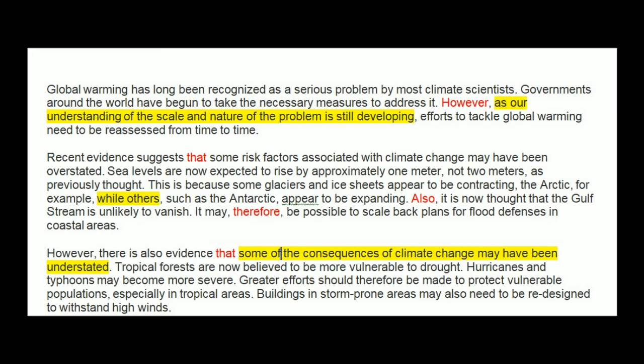As we see in the red color, we also have the word that, therefore, also, and also another that, to conjunct adjective clauses. And on the other hand, we also have another like while others, and the example of adjective clause: text explain that some of the consequence of climate change may have been understood. So this is the sentence that they want to explain the evidence. That's what we call noun clauses when it wants to explain the object.